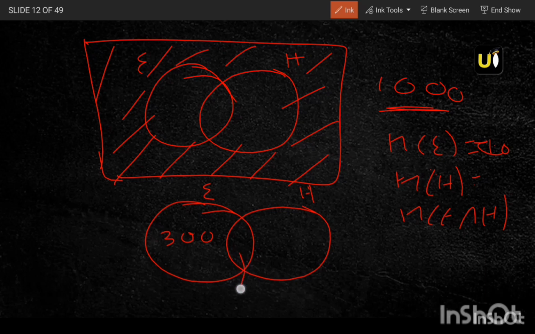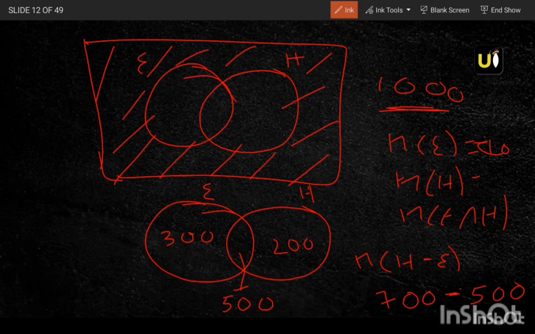The number of students who like both is 500. The number of students who like only history is H minus E. That means 700 minus 500. Only 200 students like only history.